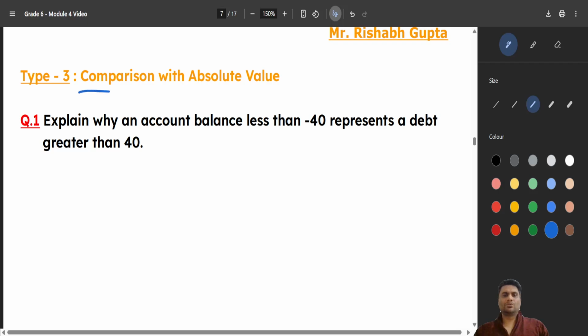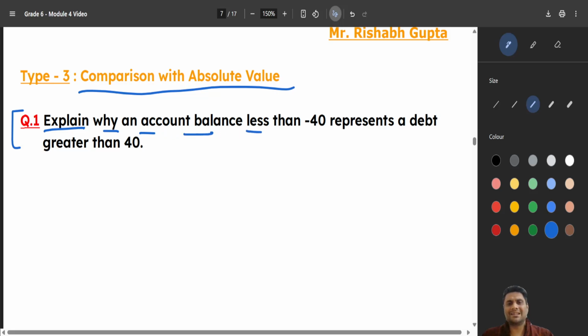Comparison with absolute value. Let's see. They have given us a situation, we have to prove it. Explain why an account balance less than -40 represents a greater debt than 40. Okay, let's say my account balance is less than -40. Now less than -40 means I need a number smaller than -40. So let's take -50. -50 is smaller than -40, correct?